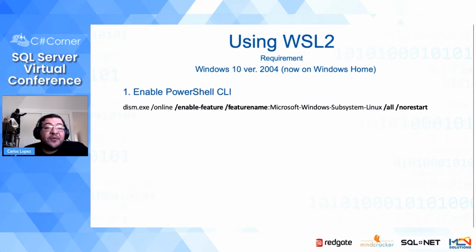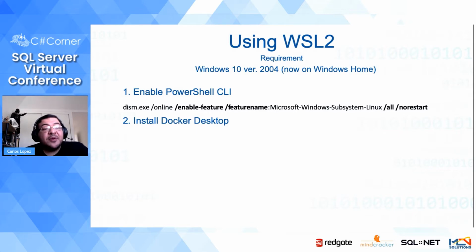The requirement for WSL right now is Windows 10 version 2004, but now it's on Windows Home, so that any device can have it. You only need to enable it using the Deployment Image Servicing and Management tool in your PowerShell, enabling the feature and restarting.